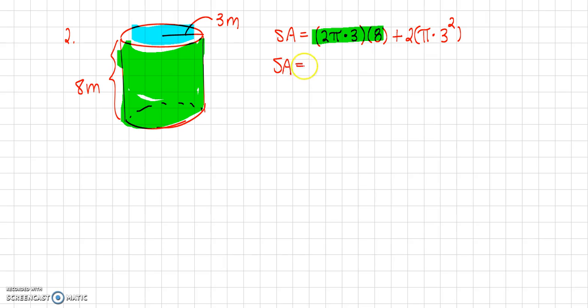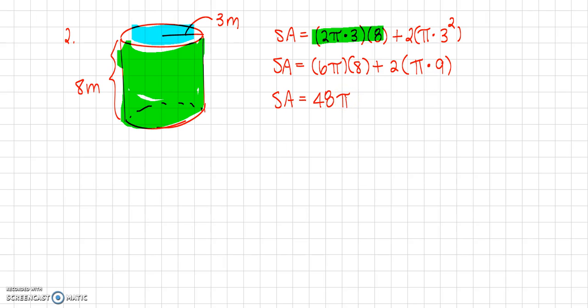So let's simplify. 2 pi times 3 is 6 pi. Three squared is 9. 6 pi times 8 is 48 pi.